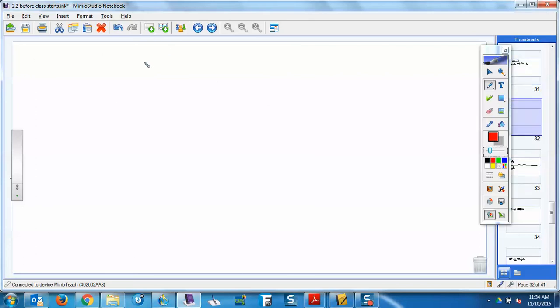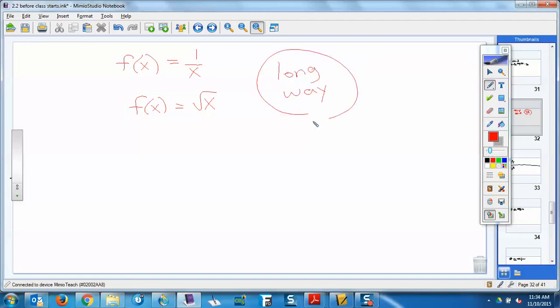I'm going to tell you that I want you to do 1 over x, and it says this on your assignment sheet, 1 over x, and do square root of x by the definition, the long way. So I want you to do both of those just the way we did x squared and x cubed. Do both of those by the long way, and then I want you to do the homework that it lists there for 2.2.